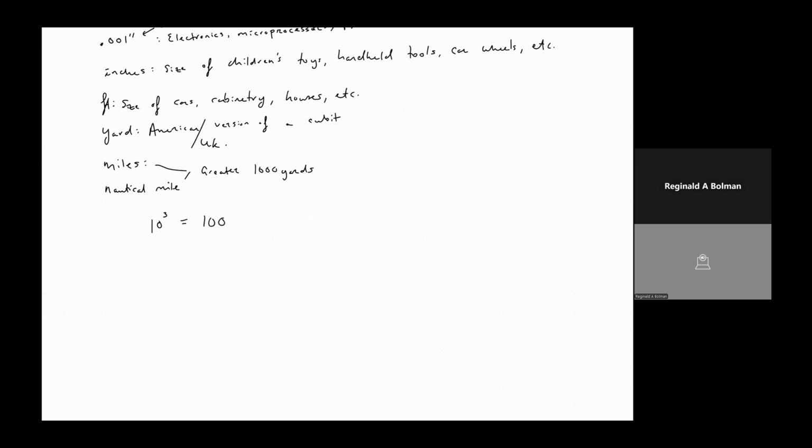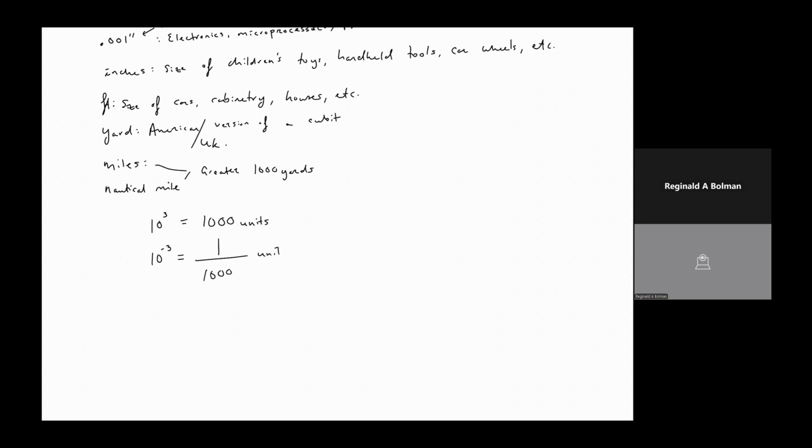1,000 units. Once you start getting beyond 1,000 units, you really can't measure anything beyond that very accurately. And we also say that you can measure something accurately to 10 raised to the negative 3 units. So 1/1000th of a unit of whatever you're measuring.